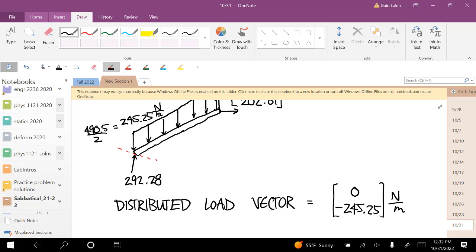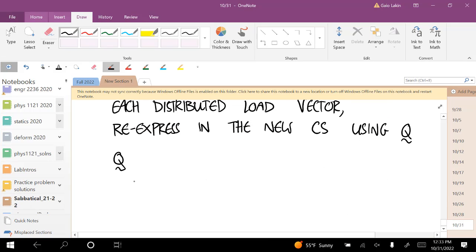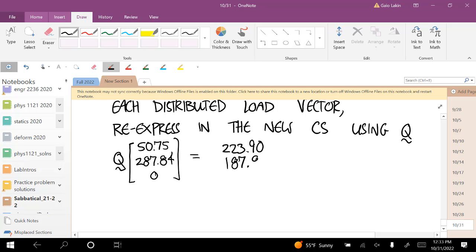Cosine is 50.75. And sine is 287.9. And if you multiply it by that Q vector, you get this new thing that is equal to 223.90, 187.87, and then 0 for Z. Okay, so that's in the new coordinate system.